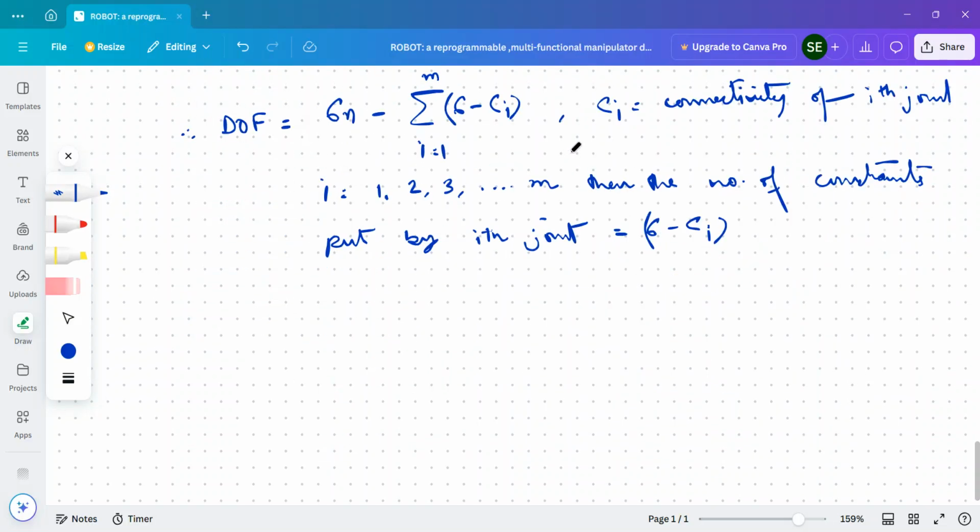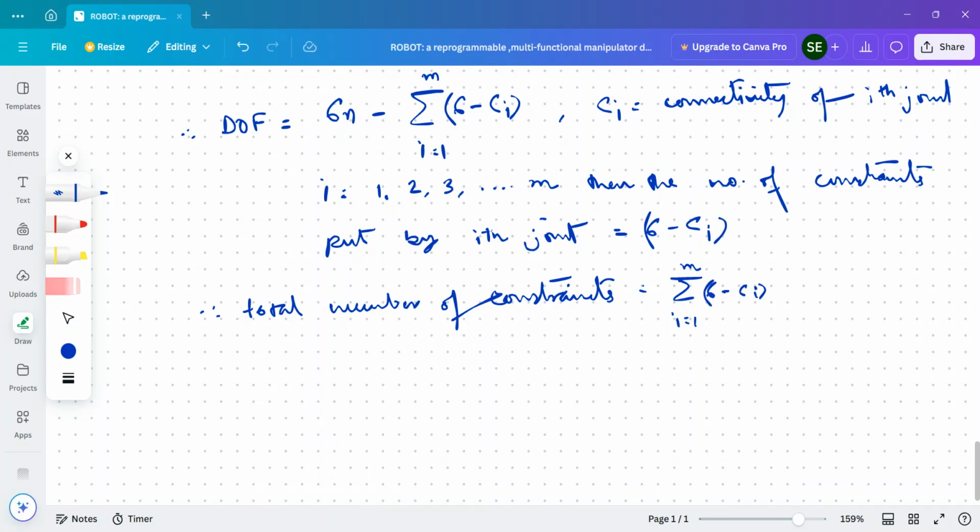And the total number of constraints is the summation of the constraints of all the joints, starting from i equal to 1.